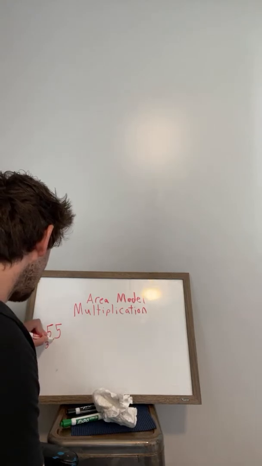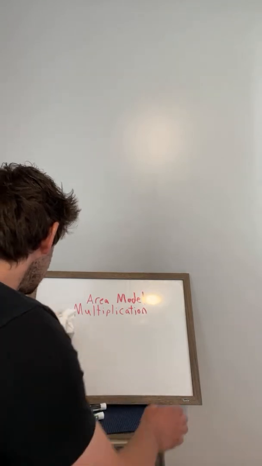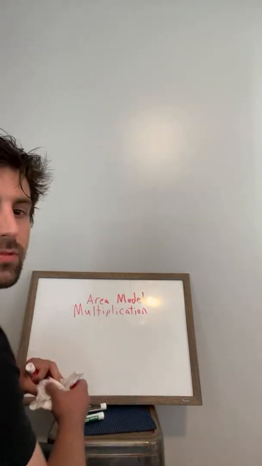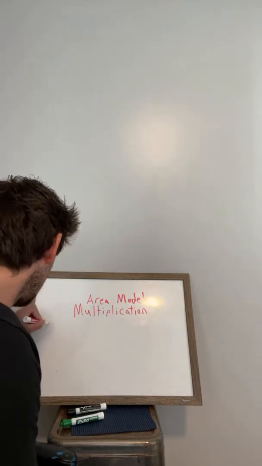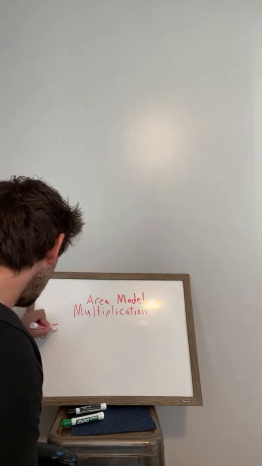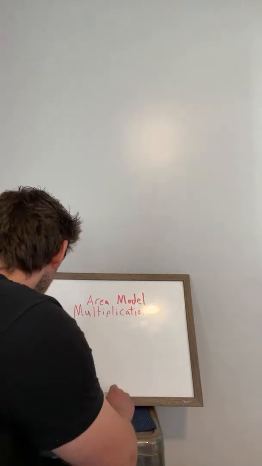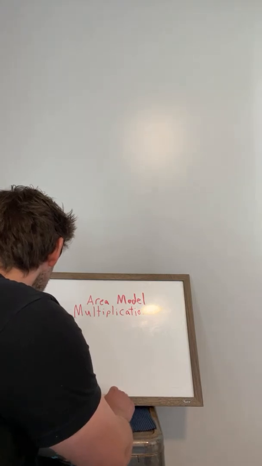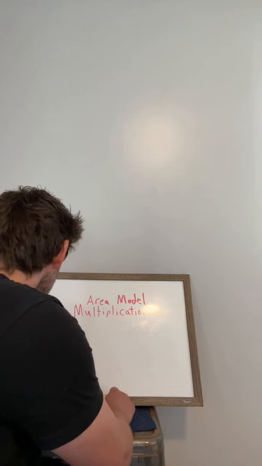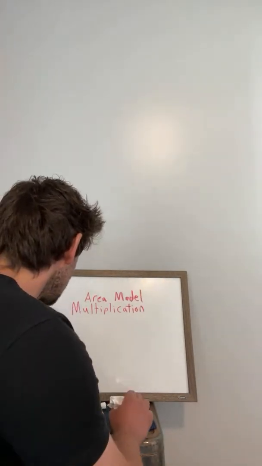I'm going to show you guys what to do for that next. So next problem we'll do 55 times 33. So this is a little different. This is 2-digit by 2-digit. The strategy is pretty much exactly the same.